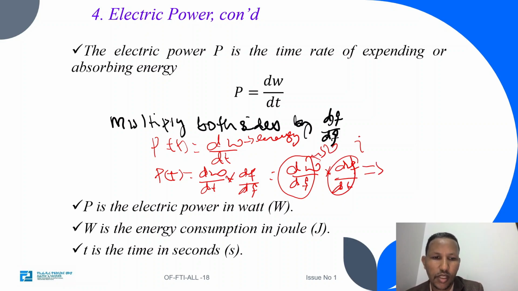So P is given by voltage times current. P is the electric power in watts, W is the energy in joules, and t is the time in seconds. Another expression for power is P equals V times current.